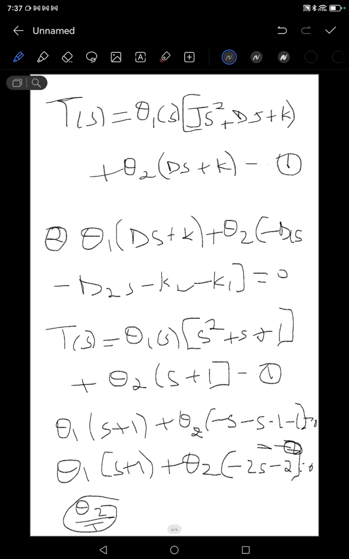We can make theta 1 the subject in the second equation, and then we substitute back so that we can get theta 2 over T. So we're going to take the second equation and make theta 1 the subject, and after that we're going to substitute that equation back into equation 1 so that we can get theta 2 over T, okay?